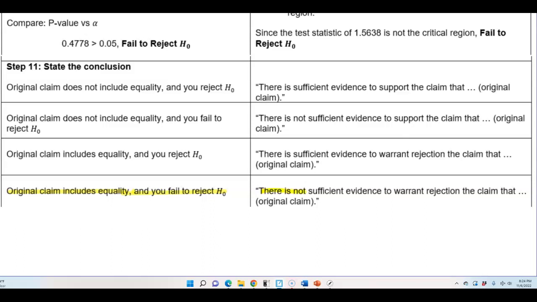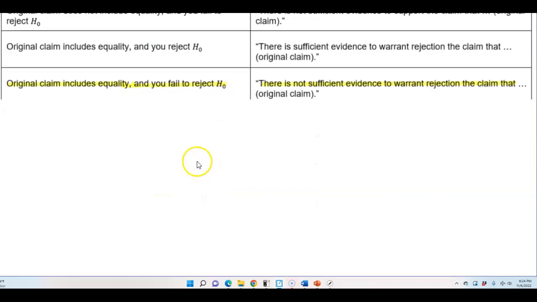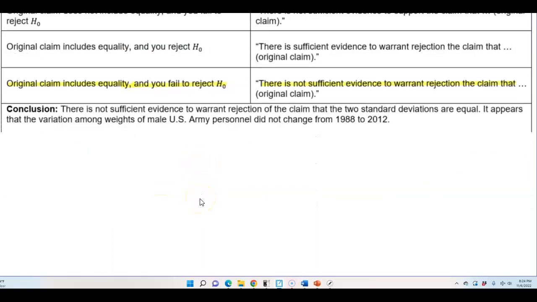So we're going to say that there is not sufficient evidence to warrant rejection of the claim that the two standard deviations are equal. So it appears that the variation among weights of male U.S. Army personnel did not change from 1988 to 2012.